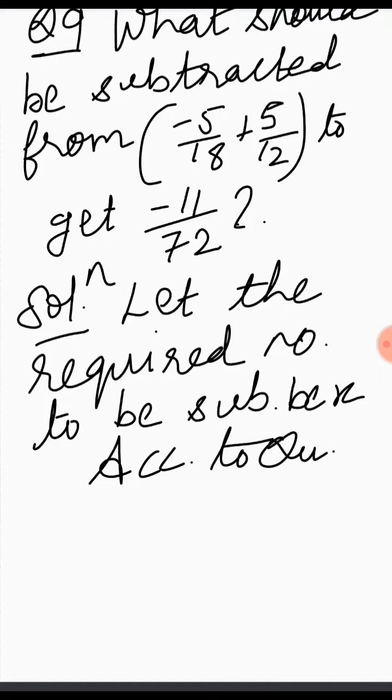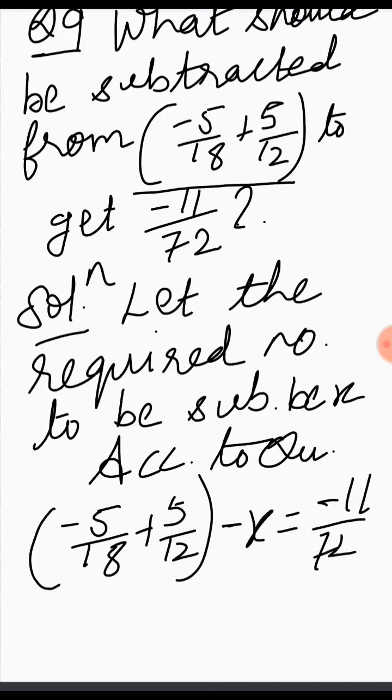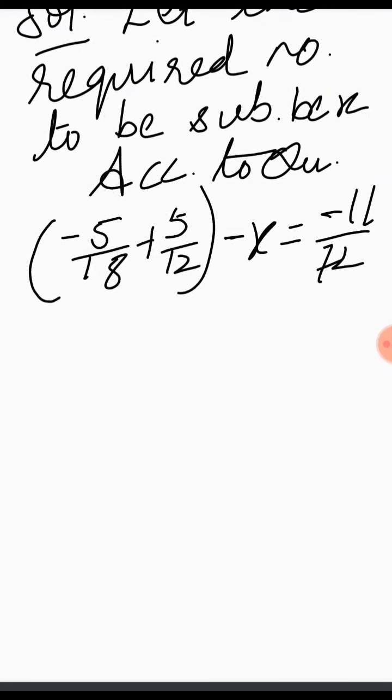So according to question, x subtracted from this much. So first you have to write this, as the word is from there, so we have to write this complete first as it is, from -5/18 plus 5/12. You have to subtract x, and you are getting -11/72.